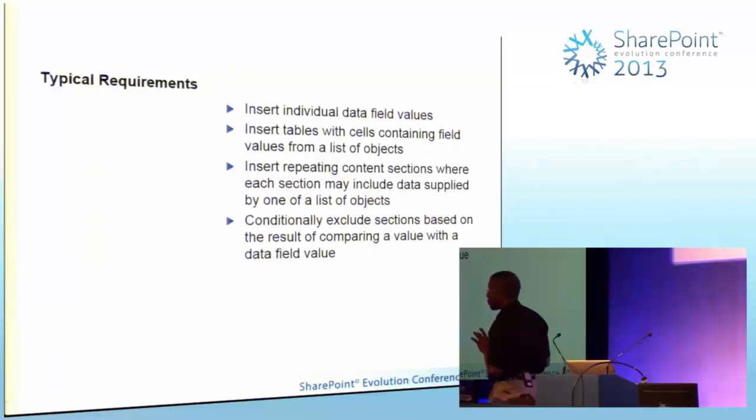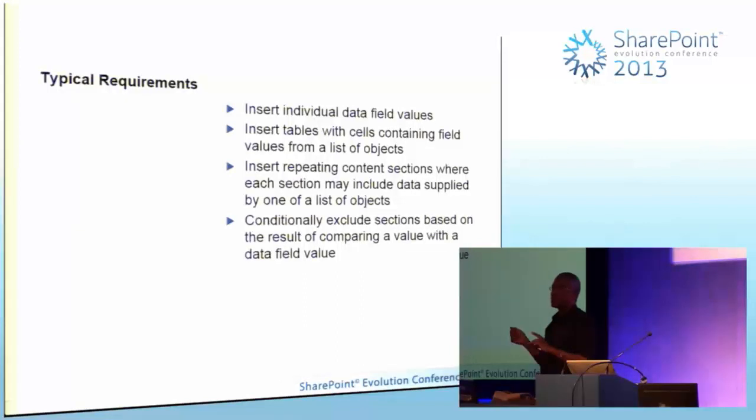You've also got to deal with repeating sections, similar to tables, but unstructured, not laid out in rows and columns, arbitrary collections of runs that are in a section that are going to be repeated. Just like my chapter, where you had sections in the chapter, that section is going to be repeated.